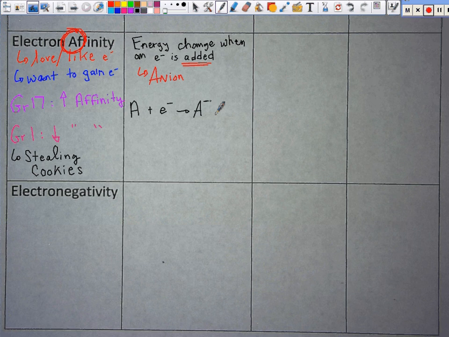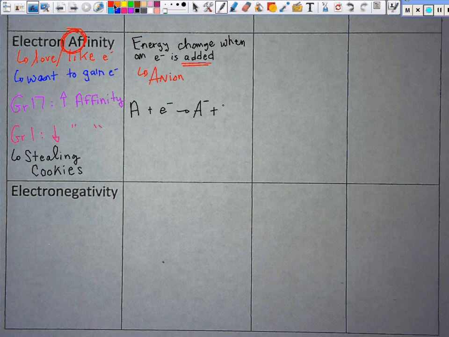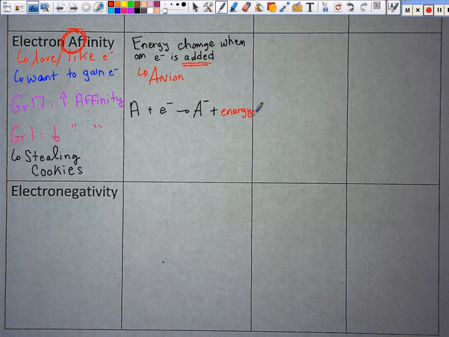The energy is in joules, but what side of the problem is it on? It's a product. The energy will be produced. What type of reaction has energy that is released? Exothermic. Very good. This is an exothermic reaction.